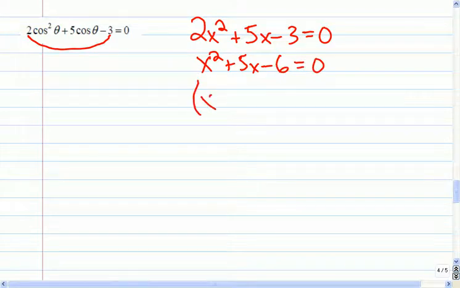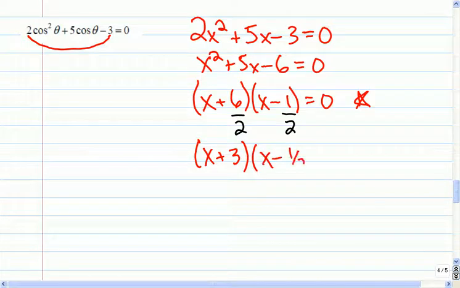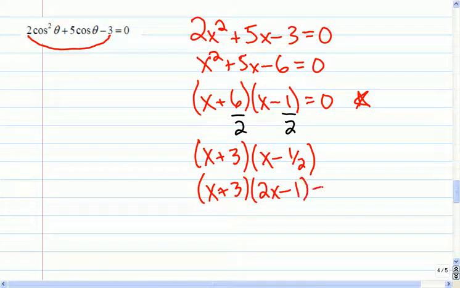And this will be x plus 6, x minus 1. Now, this is something I catch even you guys doing. Be careful. Remember, at this point, because you multiplied by 2, you still have to divide by 2. So you end up with x plus 3 and x minus a half. And I get x plus 3, 2x minus 1.